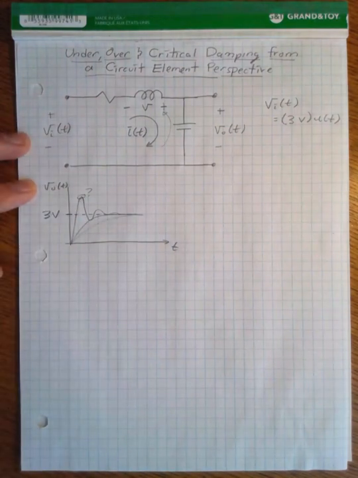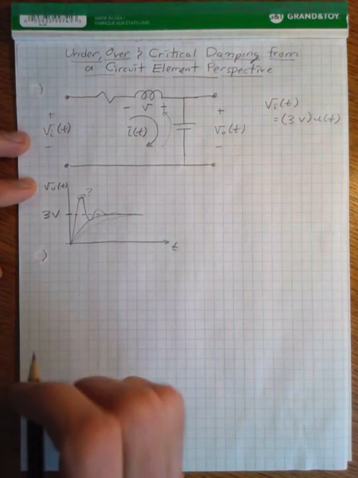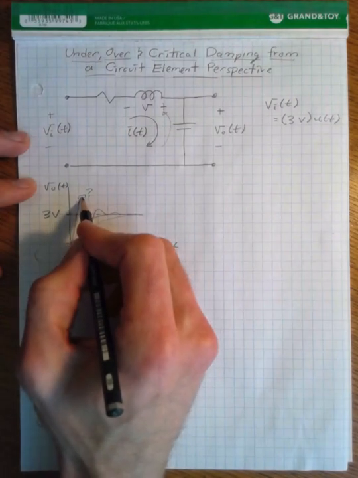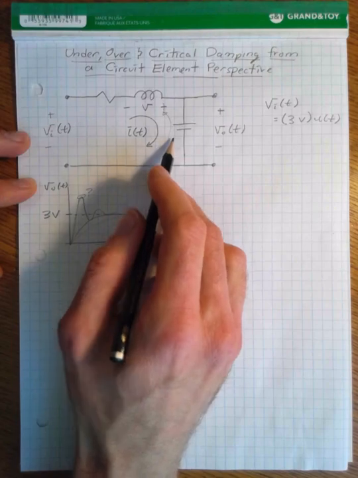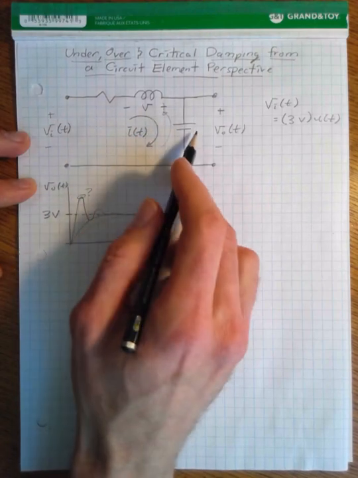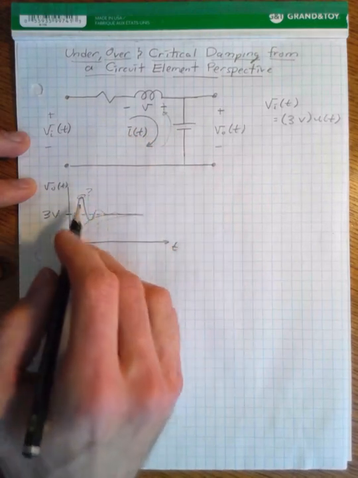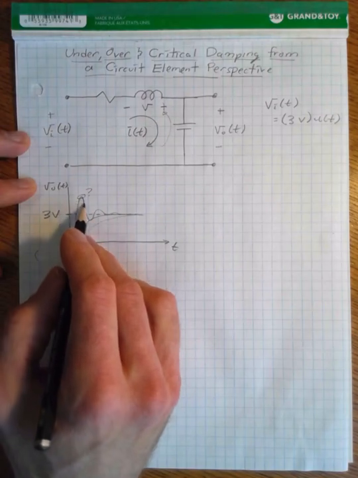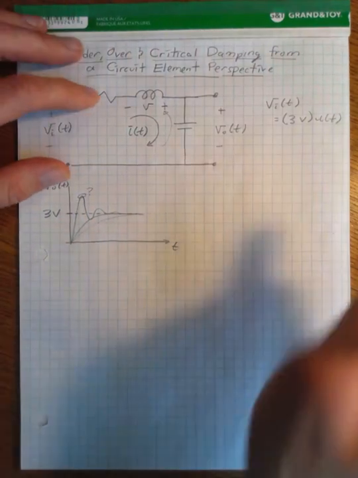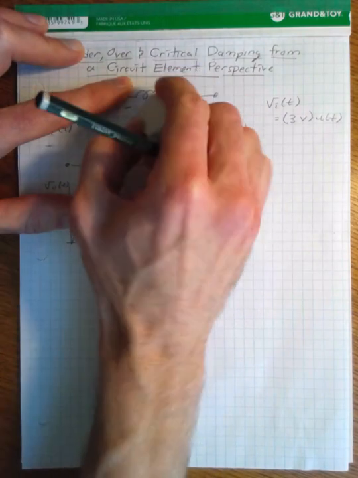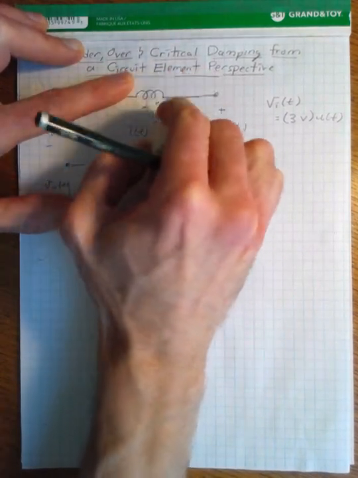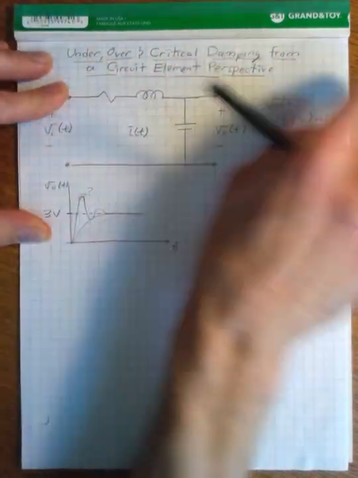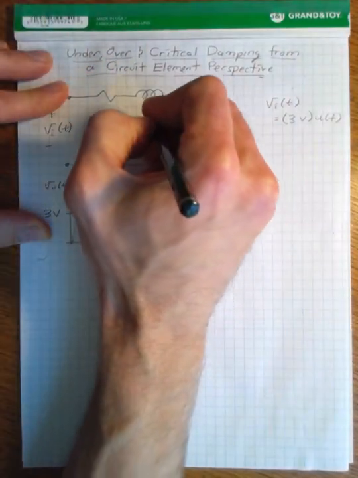It'll move in the counterclockwise direction, and as a result, the voltage starts to drop because the current flowing in the counterclockwise direction will take charge off the capacitor plates, and then the voltage will start to drop across the capacitor. So we now have current flowing in the counterclockwise direction.